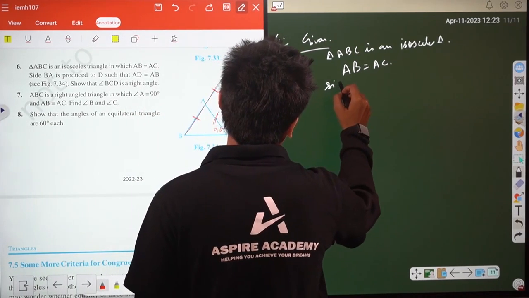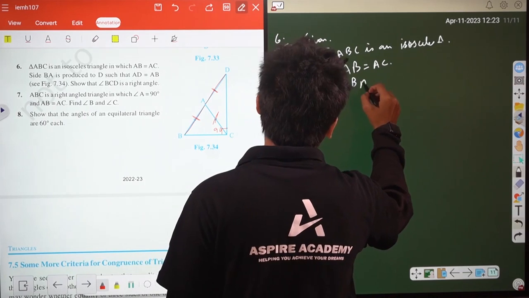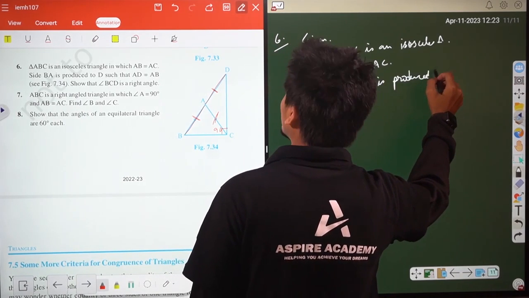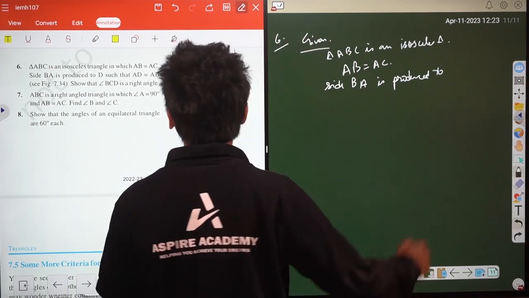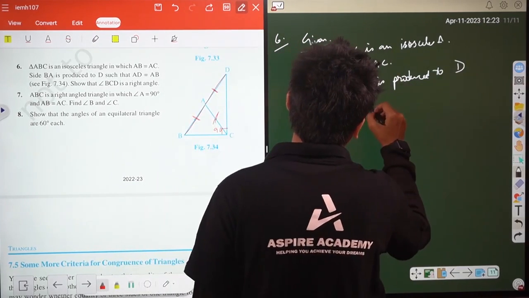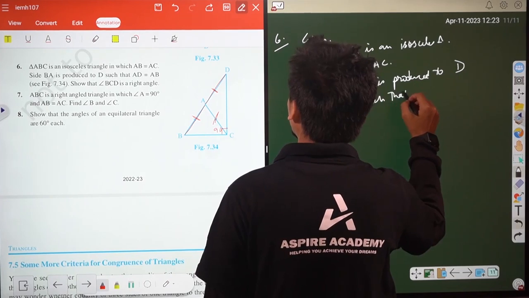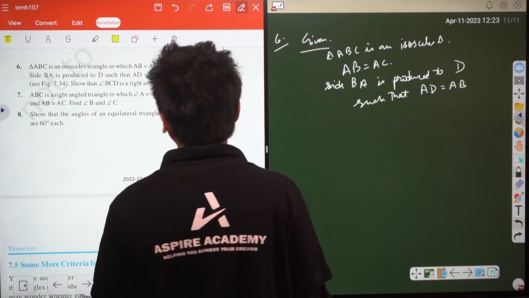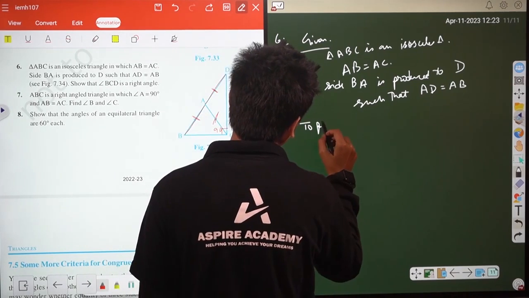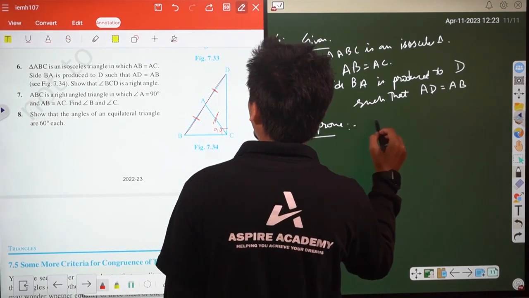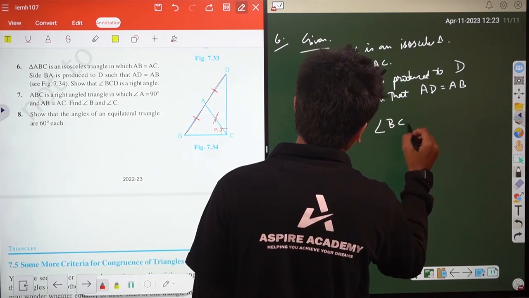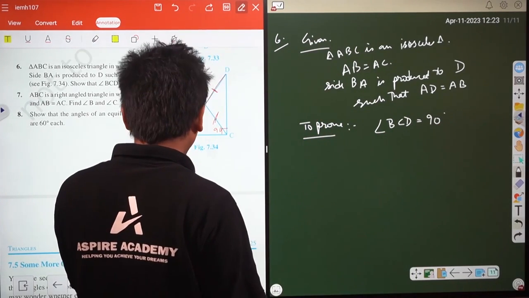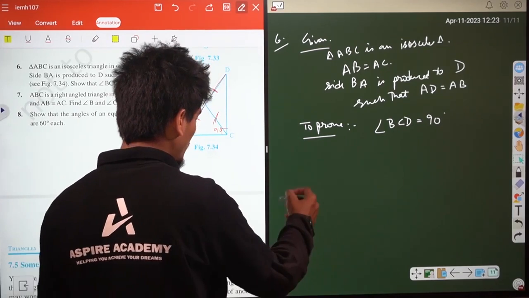Side BA is produced to D such that AD is equal to AB. So what do we need to prove? To prove angle BCD is equal to 90 degrees, that is, it is a right angle. We need to prove this.